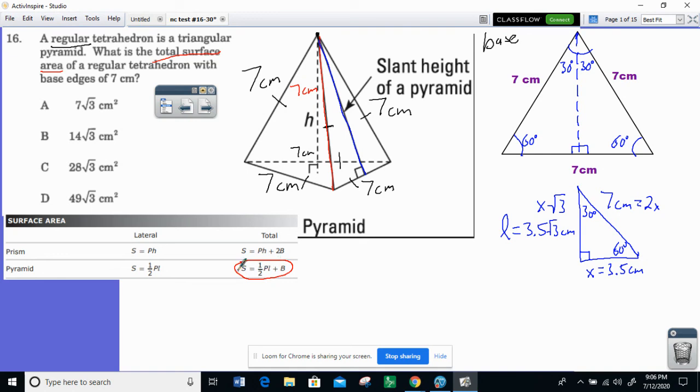To get the total surface area, we also need the area of the base. Well, this slant height, 3.5 times the square root of 3 centimeters, is also the height of the base. So to calculate the area of the base, we would want to do 1/2 times the base length times the height of the base.